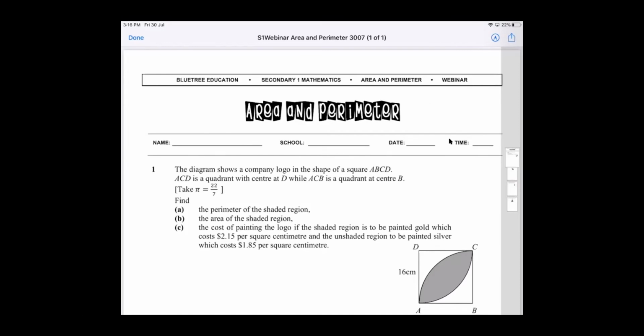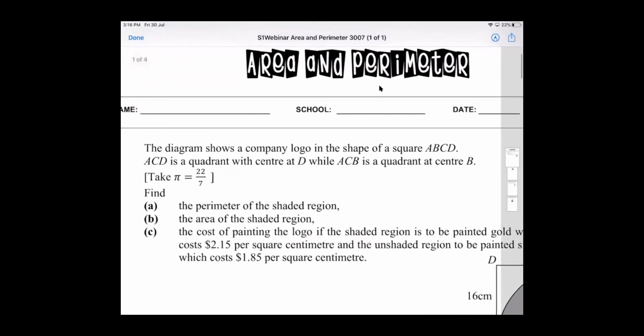This diagram shows a company logo in the shape of a square ABCD. Then we have a quadrant ACD. Quadrant means a quarter circle, one quarter of a circle. I know some students are not very good at terminology, and when they see something like quadrant, they get a bit confused and don't know what the question is saying.